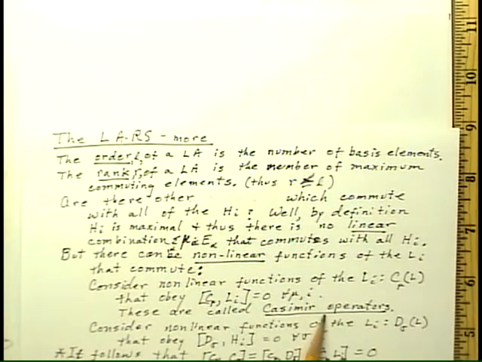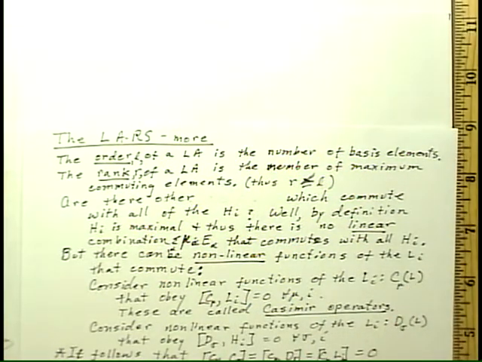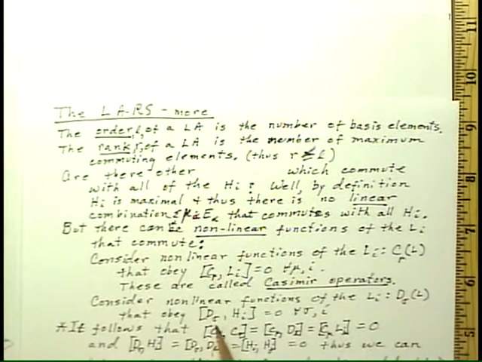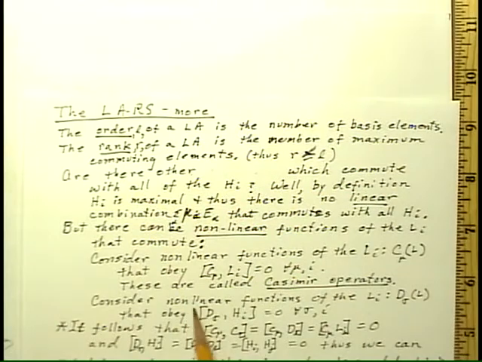These are called Casimir operators, and they are nonlinear functions of the L's that commute with all of the L's in an algebra. We can also consider nonlinear functions of the L's, which we call D's, that commute with all of the H's. They are like Casimir operators for a subalgebra.